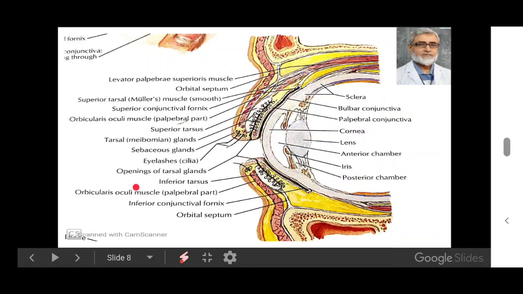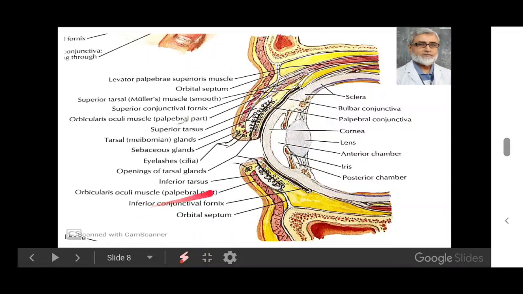Sebaceous glands, you can see here at the margin of upper eyelid. I am showing you. And opening of tarsal glands, you can see here over the margin. Inferior tarsus, you can see here.